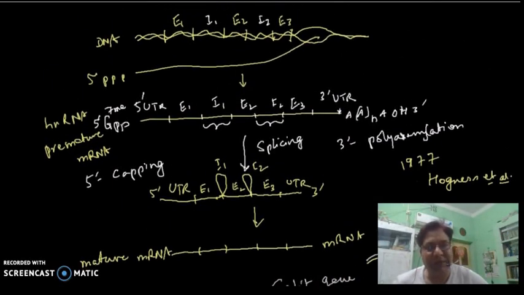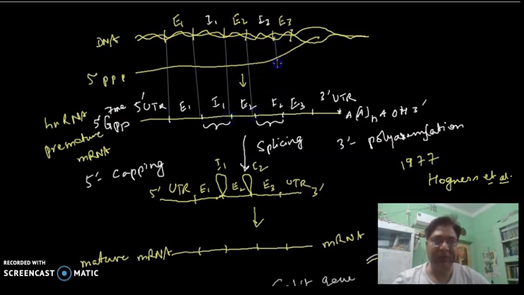So this diagram can be drawn to show the split gene concept, that is how the gene is finally expressed in the RNA. Here the entire exon part and intron part, everything is present in the heterogeneous nuclear RNA, the first formed RNA. But later the size is not proportionate, it should be drawn in proportion.